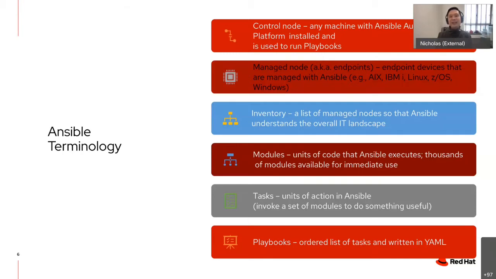You never really need to write the actual code because it's pre-written for you in the form of modules. You just string these modules together and execute them, and this is the automation.